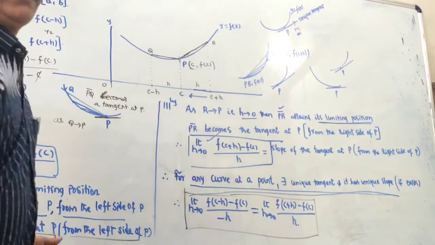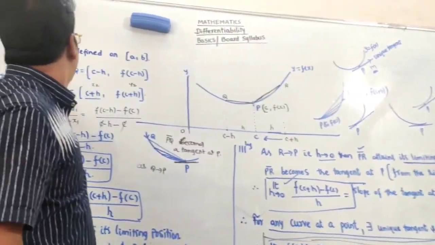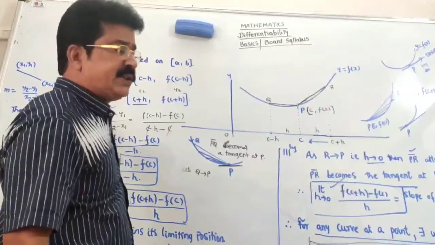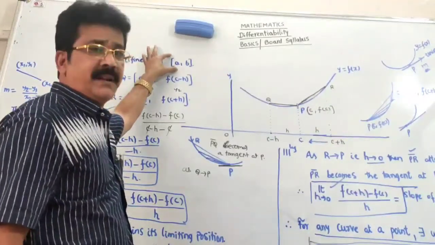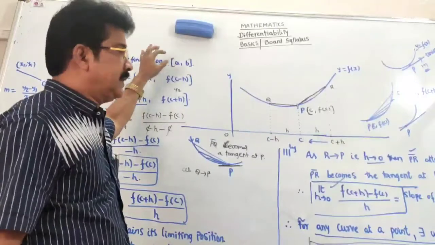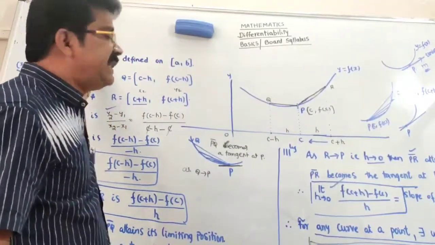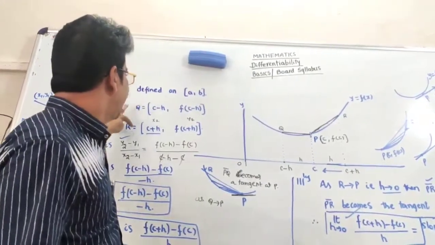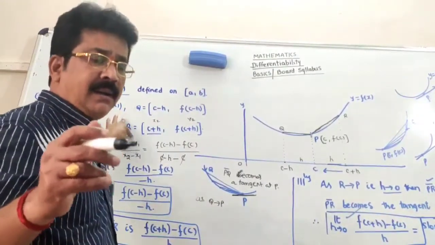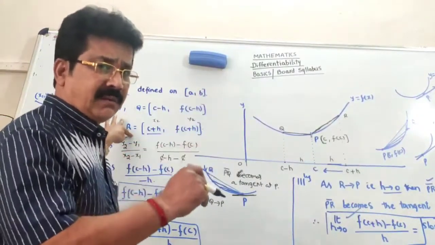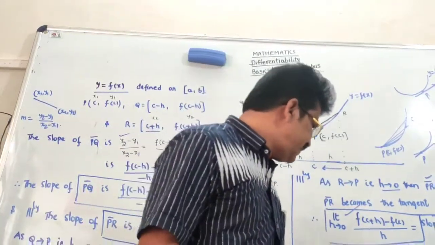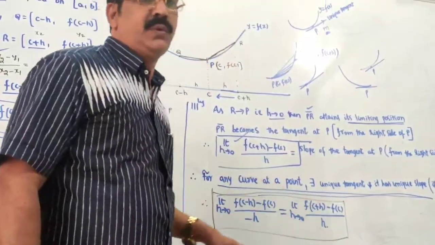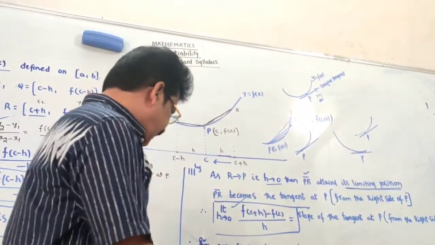So for y equal to f of x, the given curve, its domain is the closed interval a, b. Suppose capital P is any point on it, and capital Q and capital R are neighboring points on the same curve. Then this limit value equals this limit value.